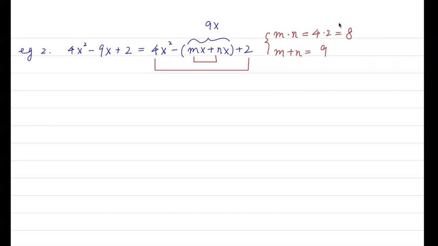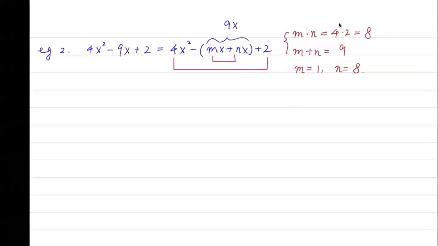And the answer shouldn't be too difficult to think of, right? m is equal to 1, n is equal to 8. Like I said multiple times, which value you assign to which letter does not really matter here. So you can say m is equal to 1, n is equal to 8, or m is equal to 8, n is equal to 1. The final answer should be the same.